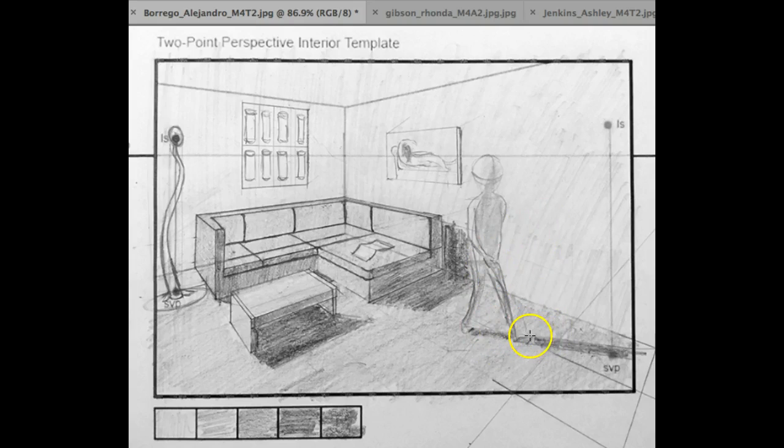Okay, so I think the shadow from your guy is fine. That's going to be a really big shadow here. Let's see, so it's going to come here. Yeah, it's going to extend pretty far. Where you've got it is good.